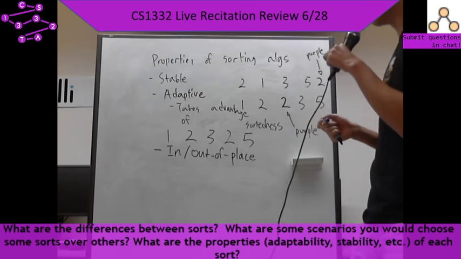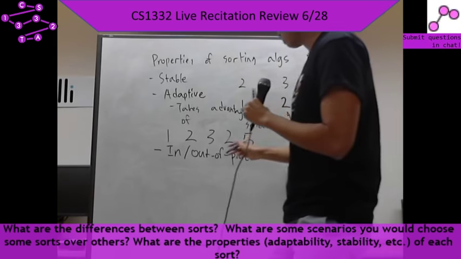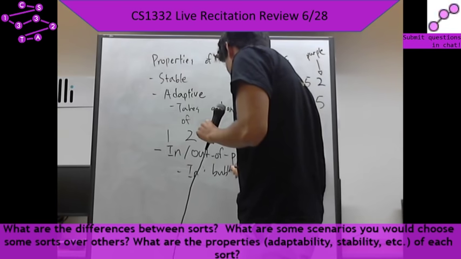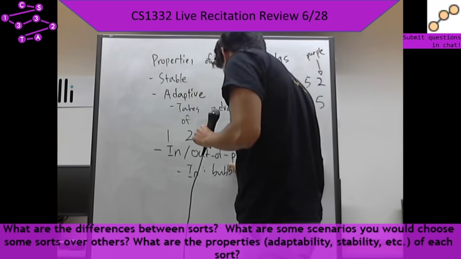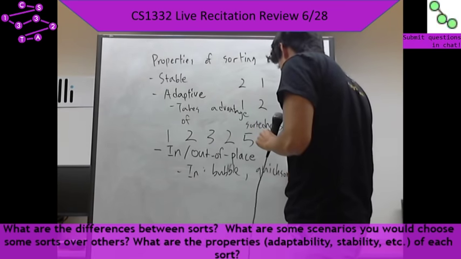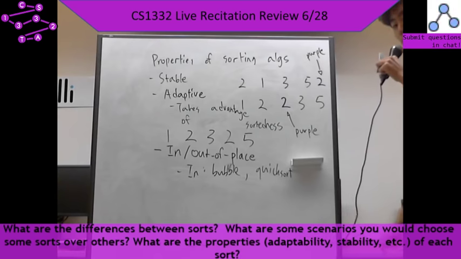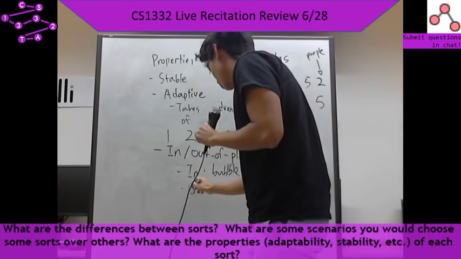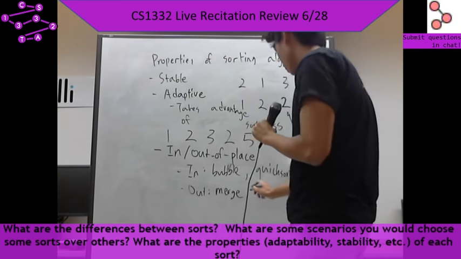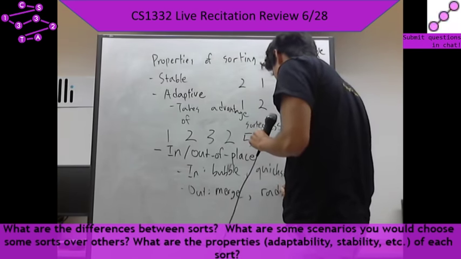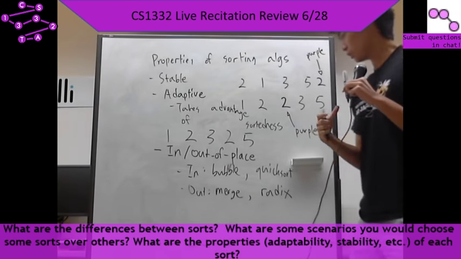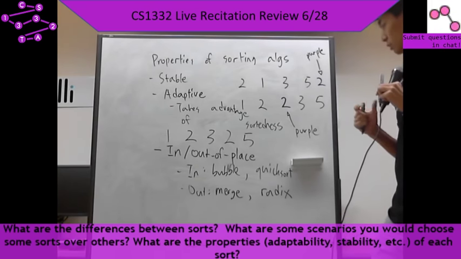A good example of an in-place algorithm is bubble sort, and quick sort as an example. And for out of place, you have merge sort and radix, because both algorithms move the elements into an external data structure that you create outside of the array.